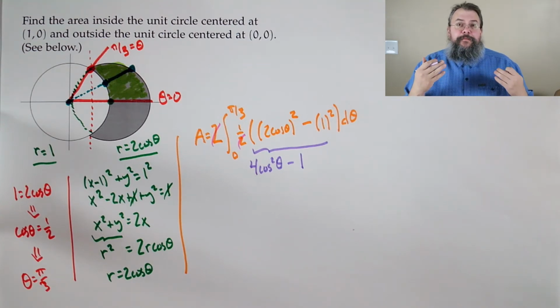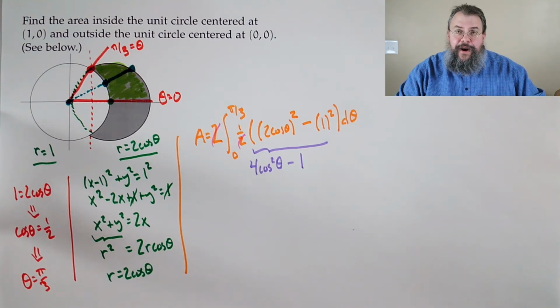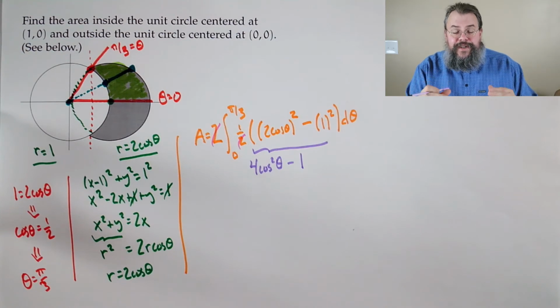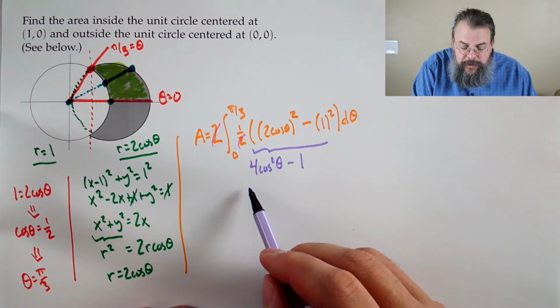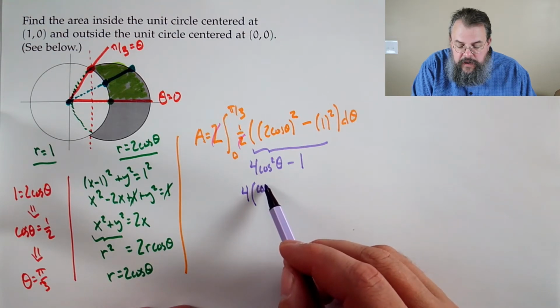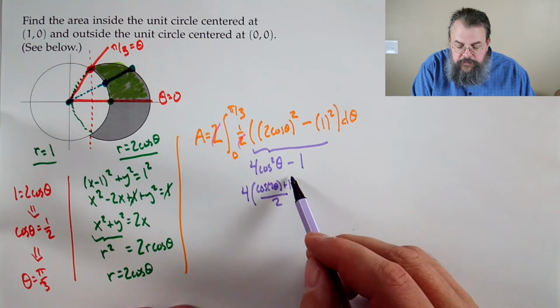But we say, look, the problem with cosine squared is the power. If we could just find a way to reduce the power, life would be good. So we say, look, there's wonderful tools to reduce power. There's identities for it. Power reduction. So we can say, look, this is the same as 4 times cosine 2 theta plus 1 over 2.